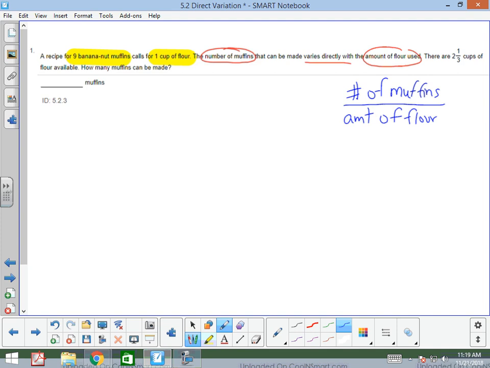There are 2 1/3 cups of flour available. How many muffins can be made? We put the number of muffins, 9, over 1 cup of flour, equals the number of muffins we're trying to find, over 2 1/3 cups of flour.